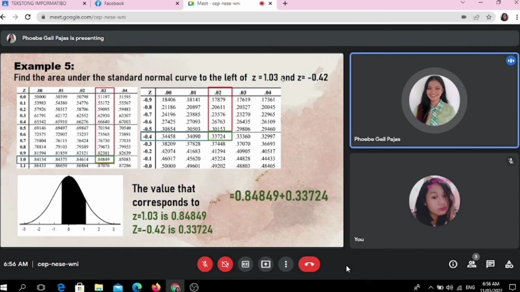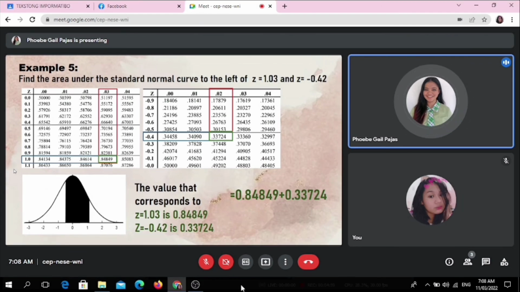So, 0.84849 plus 0.33724. Our answer or our area is 1.1853. So, paano ba natin ito i-graph? Since in between siya, naka-state naman dito na to the left of z equals 1.03 and z equals negative 0.42.